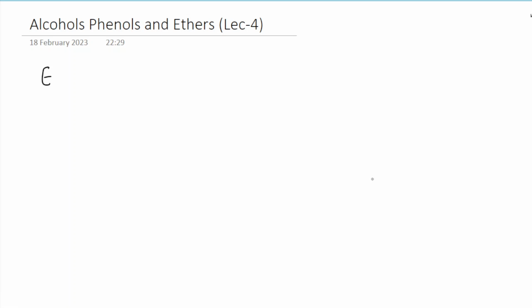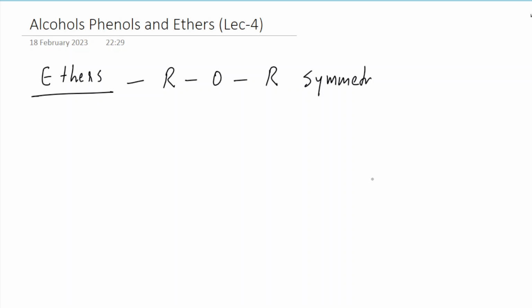So, what are ethers? If in alcohols the hydrogen is replaced by another alkyl group, that gives rise to ether. Ether can be either symmetrical or unsymmetrical.